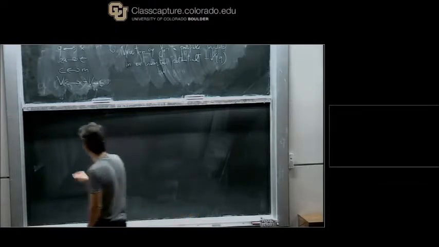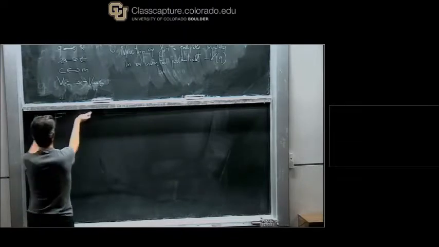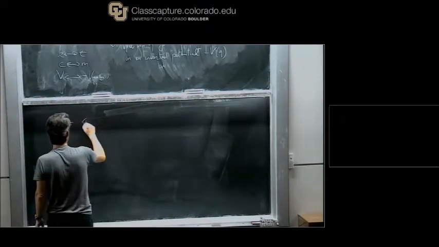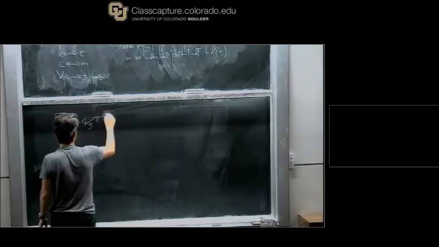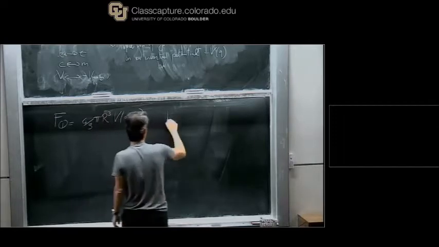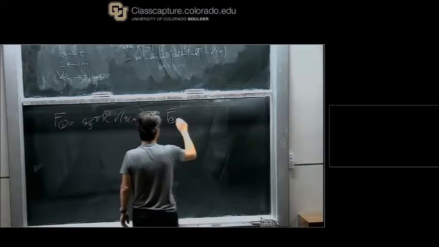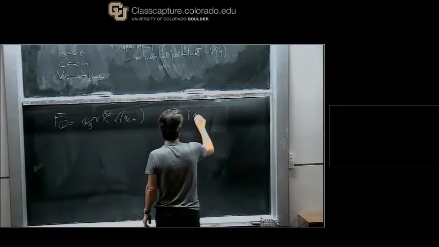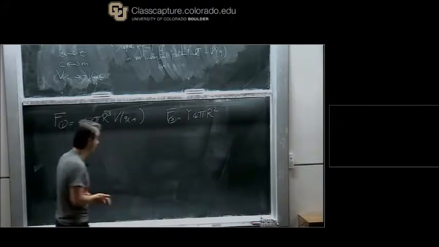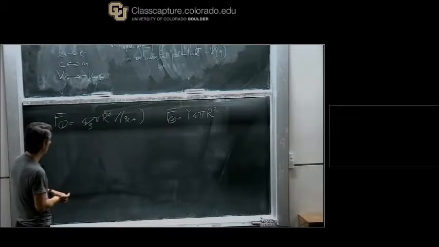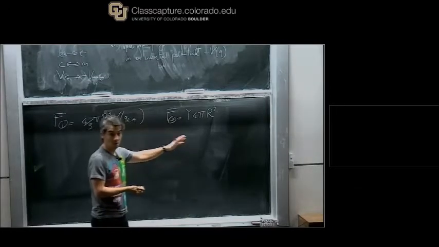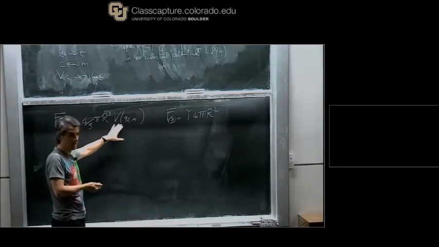Okay, so let's compare. So I have F1, which is equal to 4 pi R cubed over 3 times vQEA. And I have F3, which is equal to Y 4 pi R squared. Okay? So what do you see? If you compare the two, what's going to happen? vQEA is very small.